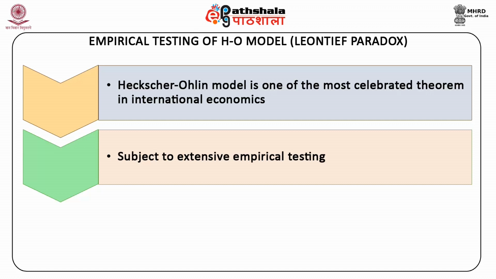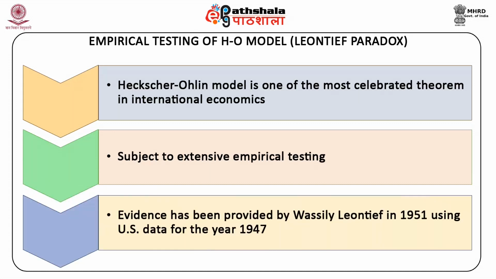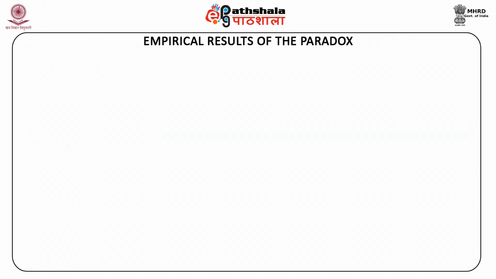The first and foremost piece of evidence was provided by Wassily Leontief in 1951 using US data for the year 1947. The Leontief paradox is the single biggest piece of evidence against the factor proportions theory. Let us look into the empirical results of the paradox.